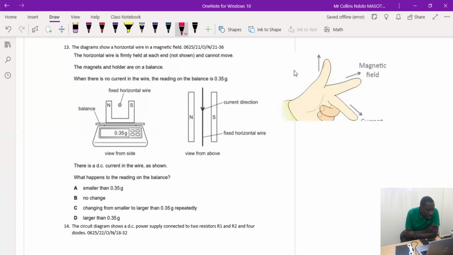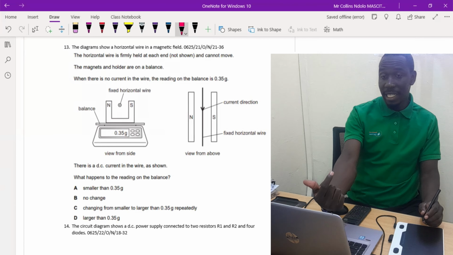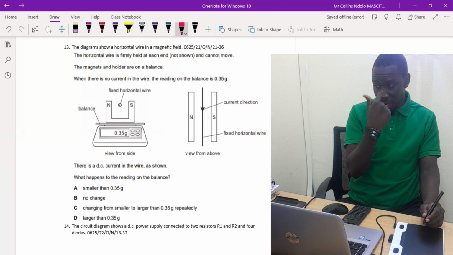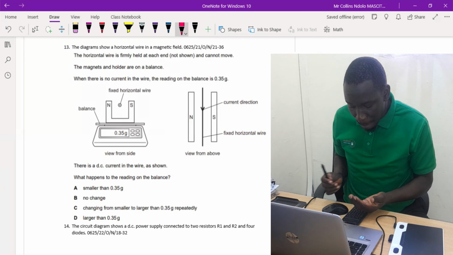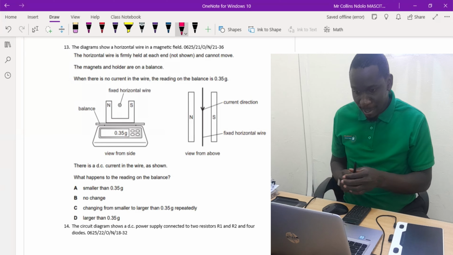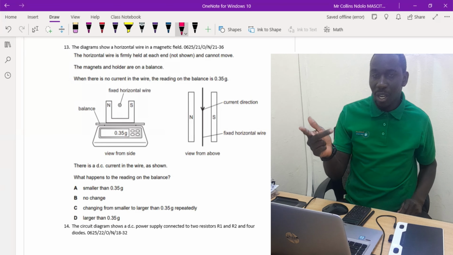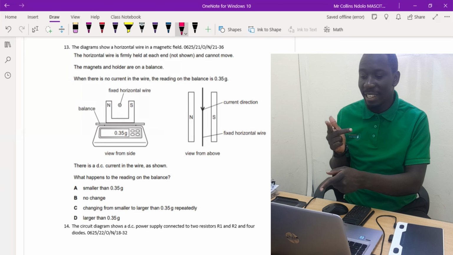There is a DC current in the wire as shown. So DC current is flowing. When you see a dot, that means current is coming out of the page, towards the eye. So this is about the motor effect, because there's already current and there's a magnetic field.